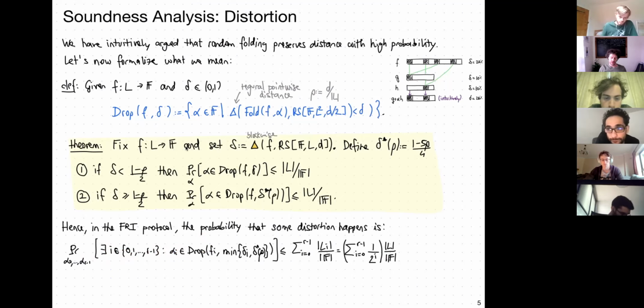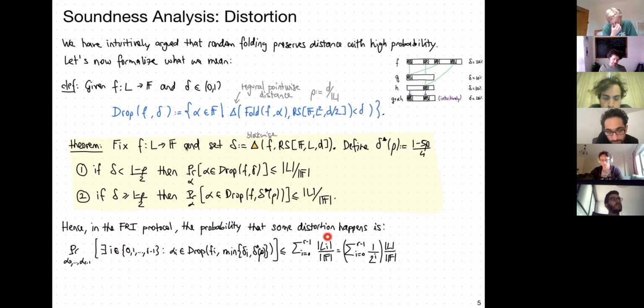We started with distance 20% and it was maintained until the end. The bad situation where distortion happened is if there exists a round where we chose a random element such that the folding would lead to a drop.